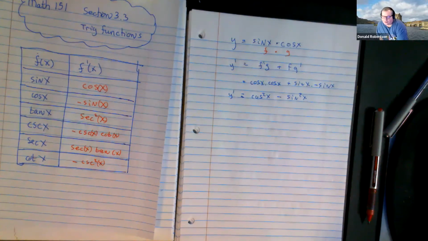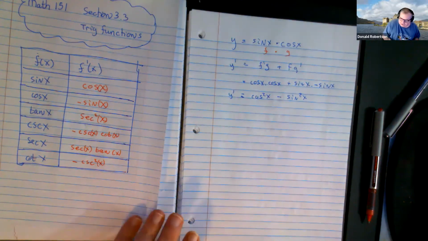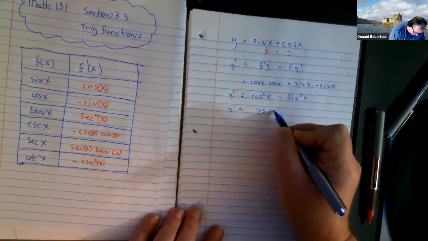That is equal to something. It's equal to a double angle. Does anybody remember what cos squared take away sine squared is? Cos squared take away sine squared. Last chance. Cosine of 2x.